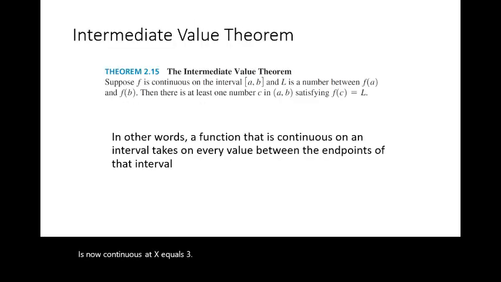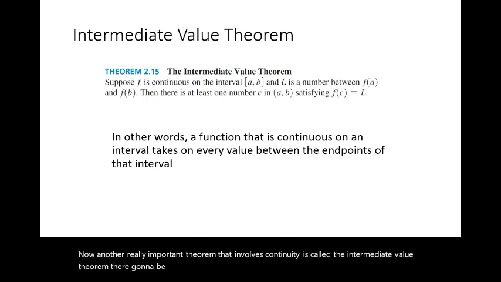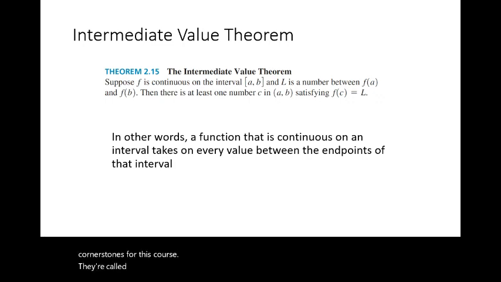Now, another really important theorem that involves continuity is called the intermediate value theorem. There are going to be 3 main theorems in this course that are cornerstones for this course. They're called the intermediate value theorem, the mean value theorem, and the fundamental theorem of calculus.